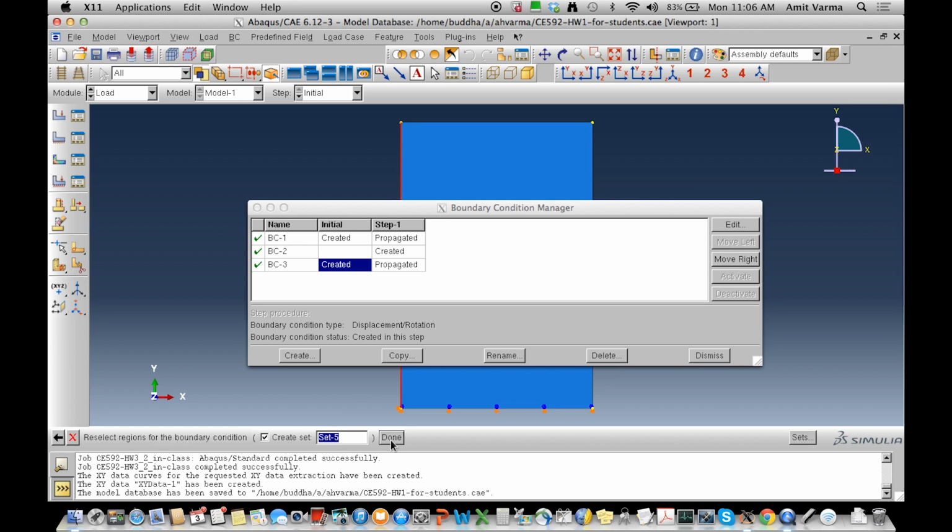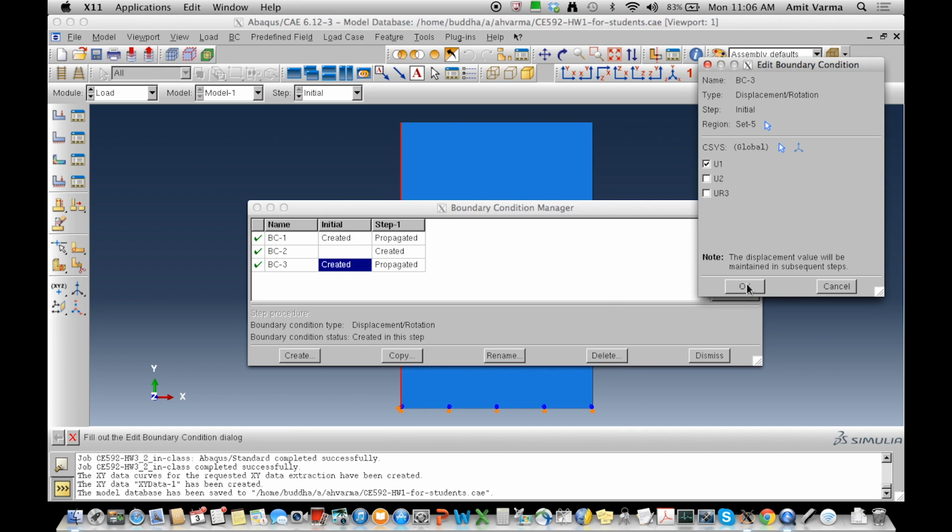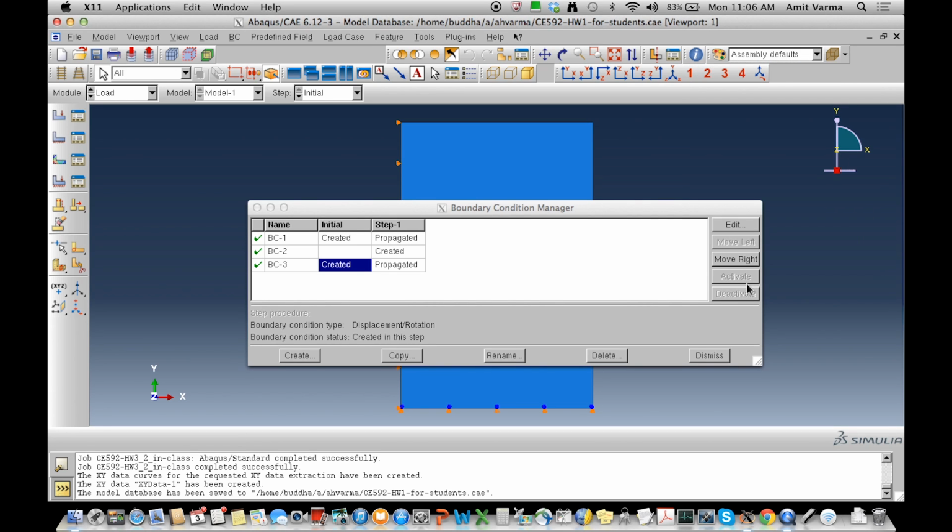So what I'm doing is looking at a situation where that plate, shear wall, planar element, whichever way you want to look at it, is now restrained in U2 along this edge, and it is restrained in U1 along this edge.